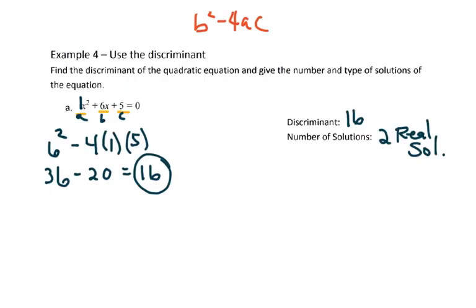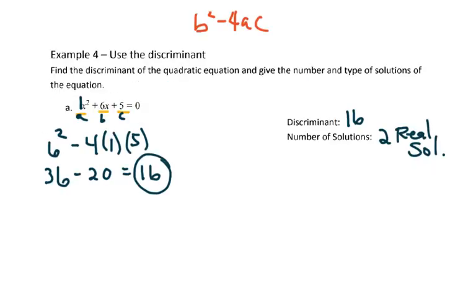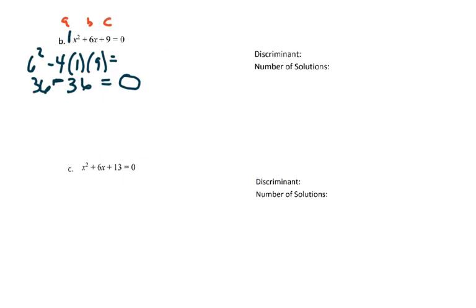Again, if we go back and see what happens when the discriminant's 0, it's 1 real solution, 1 x-intercept. So we've got the discriminant of 0, which tells me number of solutions is 1, and they're real. 1 real solution.